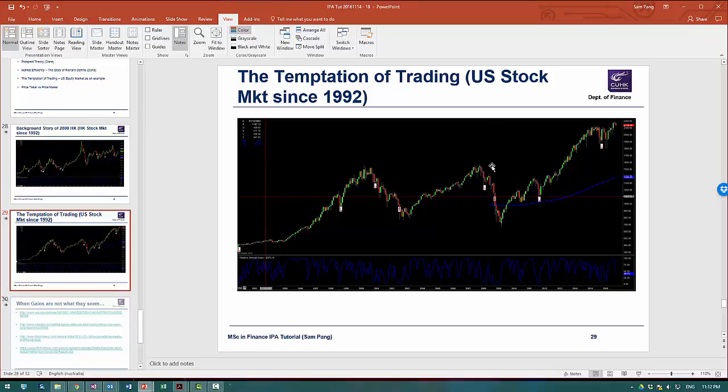But if you actually held on, over, I don't know, 6-8 years, you'll be all right again, and by now you'll be laughing. Even if you invested at the peak there, it's gone way beyond that previous peak.